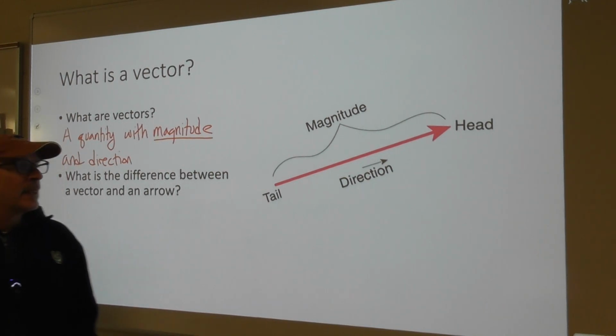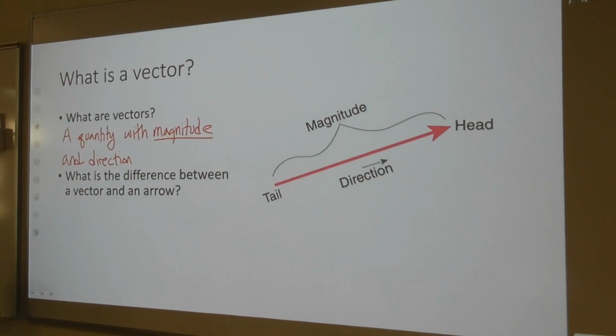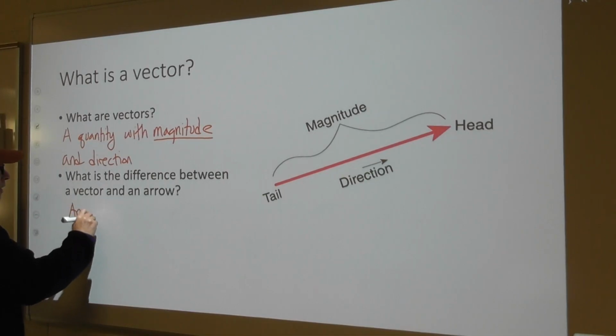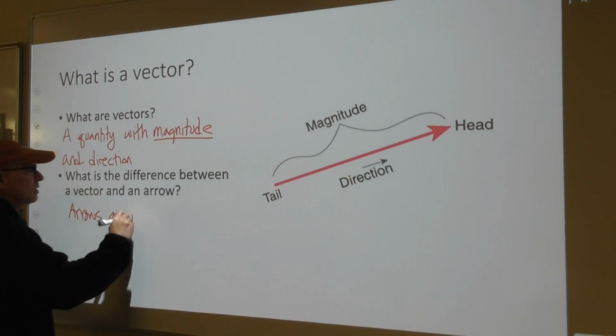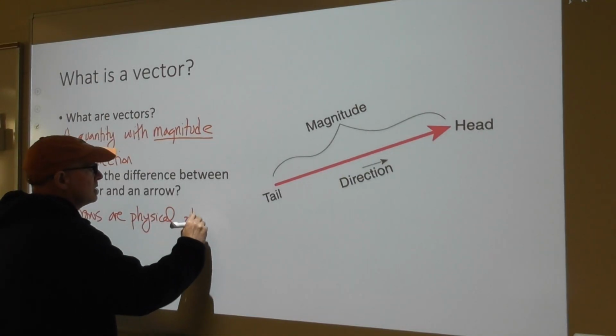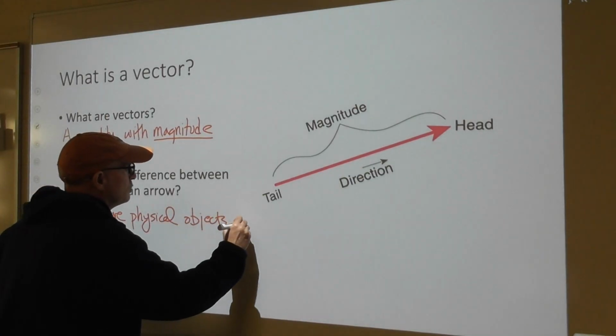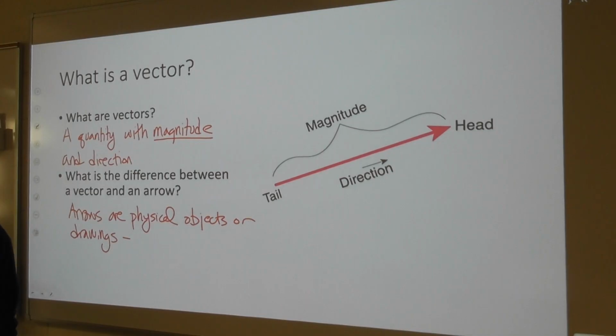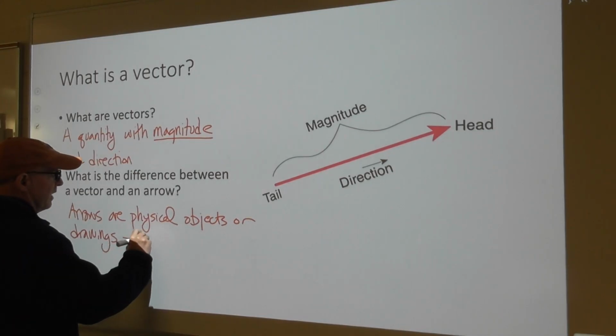That's it. An arrow is a physical drawing or a physical object. Arrows are physical objects or drawings. We are going to use them a lot to represent vectors.